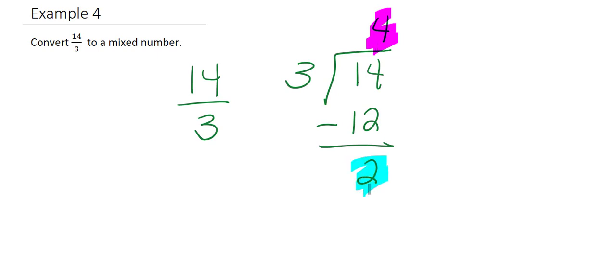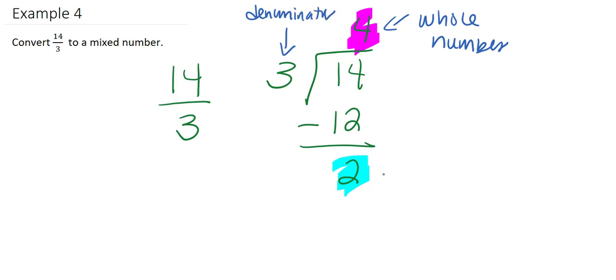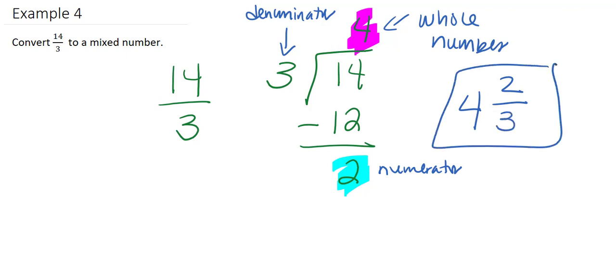This is our remainder, and then we keep our denominator. So this is our whole number, this is our denominator that doesn't change, and this is our new numerator. So we have 4 and 2/3, and that would be our mixed number.